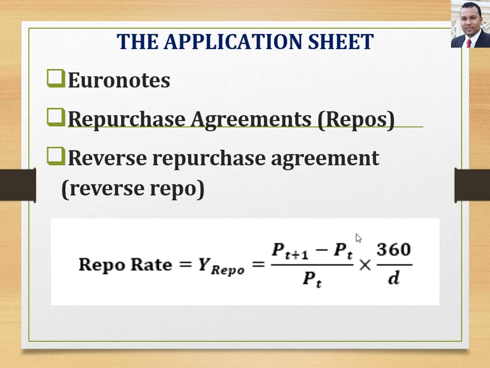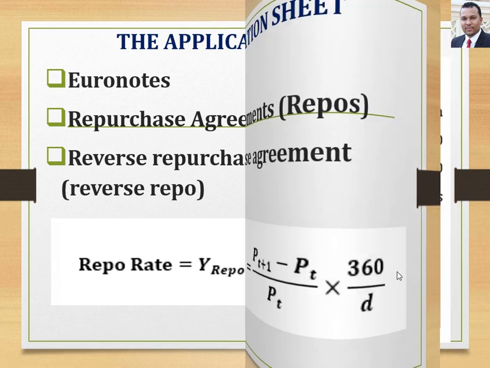Anyway, we focus on the problems in this application sheet. Repo rate or yield equals price at time t+1 minus price at time t, divided by price at time t, times the number of days in the year, 360, divided by days.